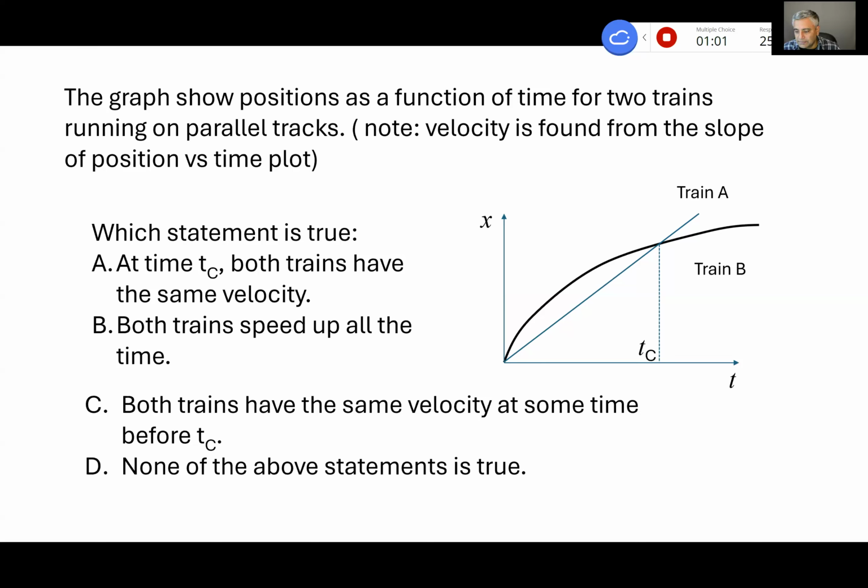Thirty more seconds. Oh, 5 more seconds. 5, 4, 3, 2, 1, and it stops.